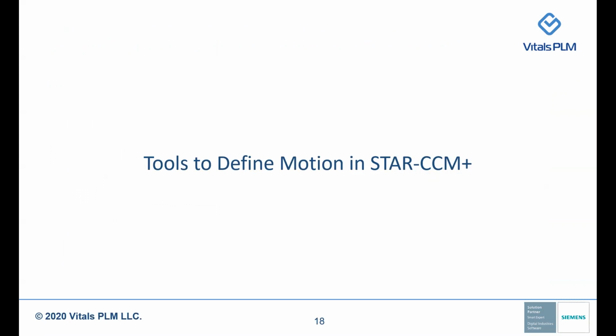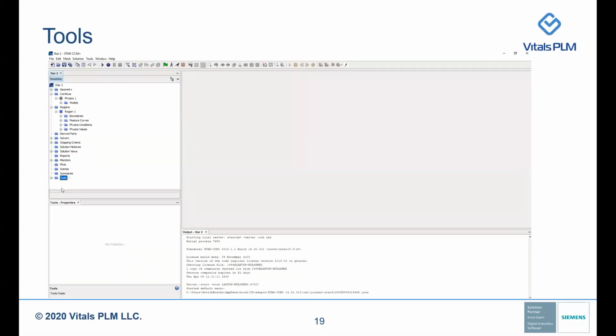Before we get into more details of the Overset and the DFBI, let's have a look at the tools to define motion available in STAR-CCM. I think it's good to discuss these tools by going through a STAR-CCM session. Here we have a STAR-CCM session opened.